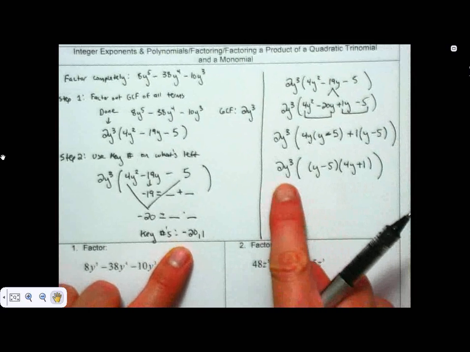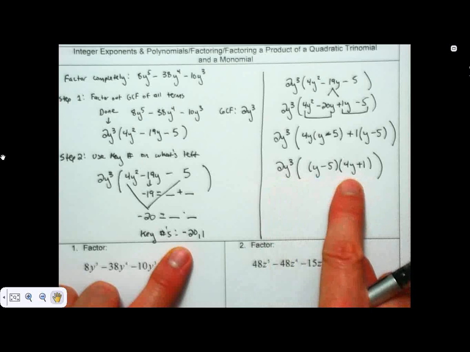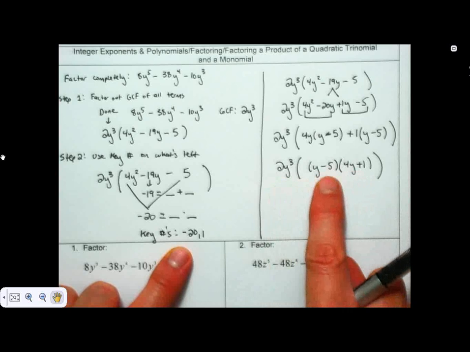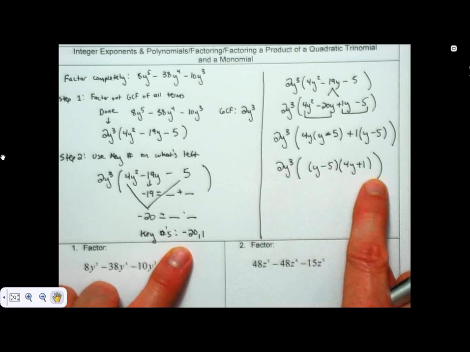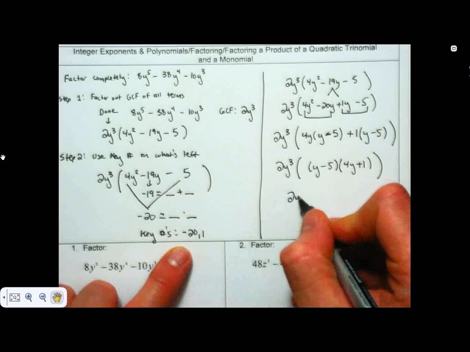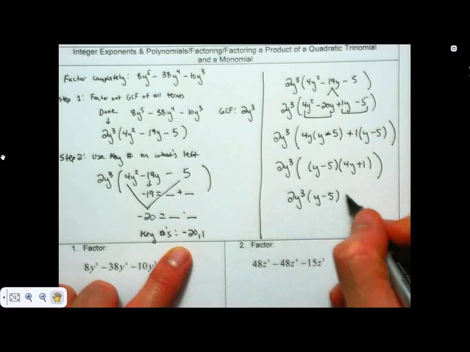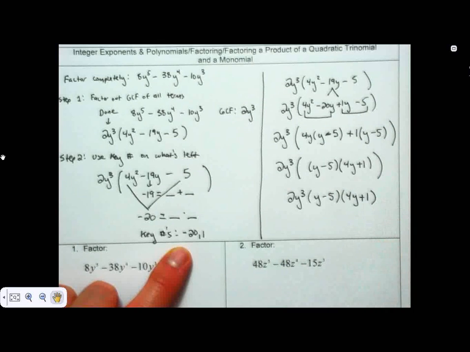Well, this says I'm taking 2y to the third times this whole expression, but since these two guys are being multiplied already, I don't need this outer set of parentheses anymore. So a simpler way to write this would be 2y to the third times the factor y minus 5 times the factor 4y plus 1. And that's my final answer.